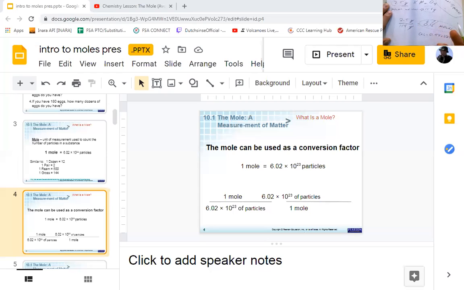But we know that the final answer cannot be more accurate than the smallest input. So therefore, the answer can only have 2 significant digits. So we round it. We convert this long number, it's not a huge number, into 0.16. We round that 5 up to a 6, and that's it.